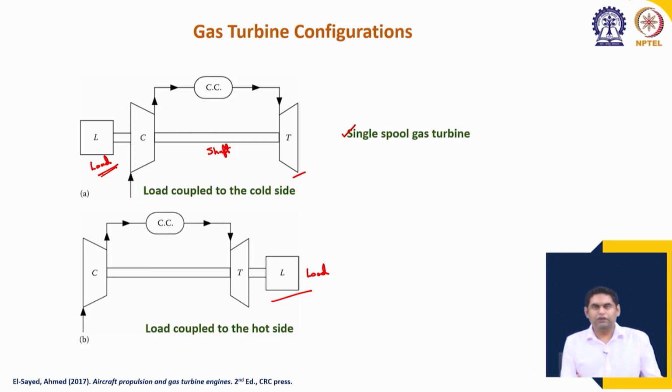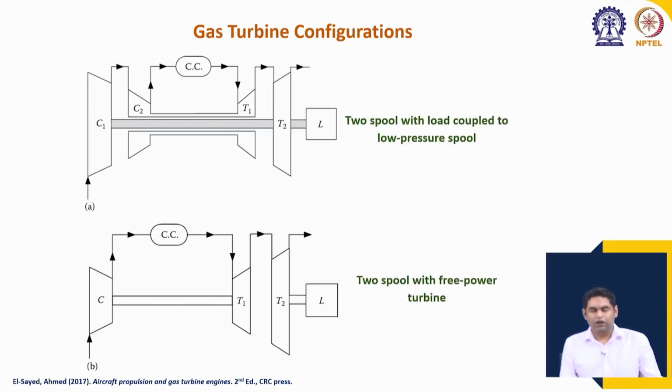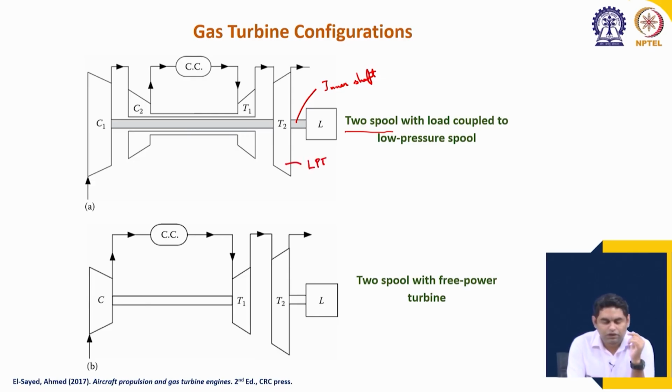So, in those cases where the compression ratio is large and we have a large system, it is better to divide the system into a 2 spool system, as you can see here, which consists of 2 shafts. In the top diagram you can see that there is an inner shaft, and on the inner shaft the low pressure turbine and the low pressure compressor are mounted, and the load is also mounted in this case.